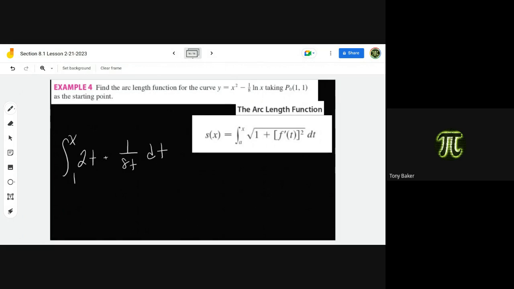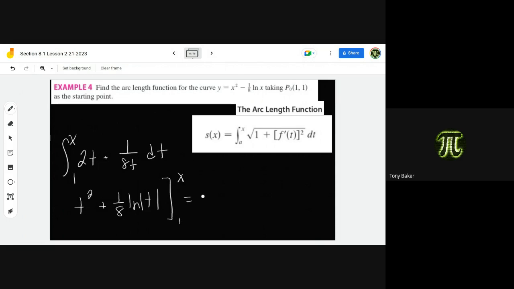So what's the integral of 2t? It's just t squared, right? What's the integral of 1 over 8t? Yeah, it's 1/8 natural log of t. And we're evaluating that from 1 to x.